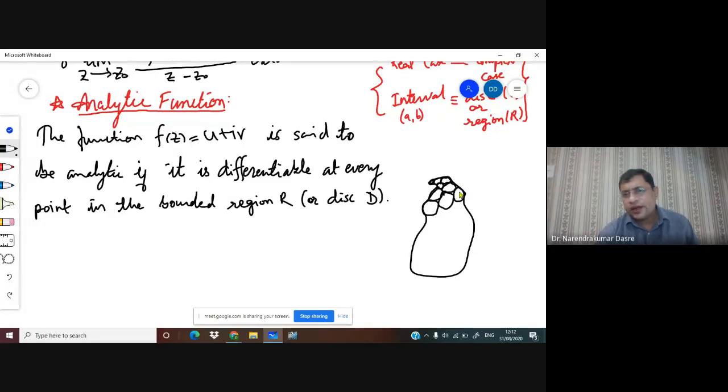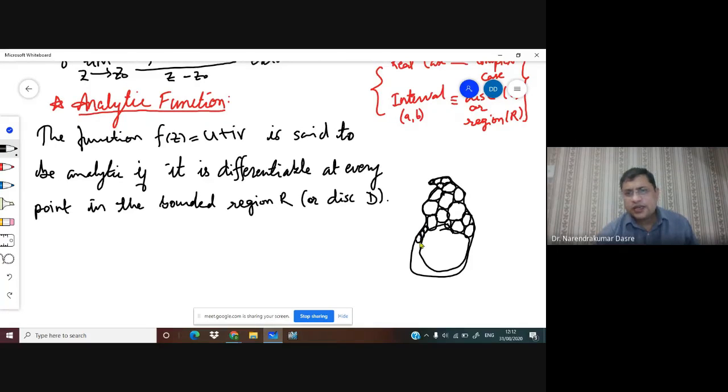So I can have a number of disks in this region. Any bounded region can be approximated by the open disk. So these are called open disks.